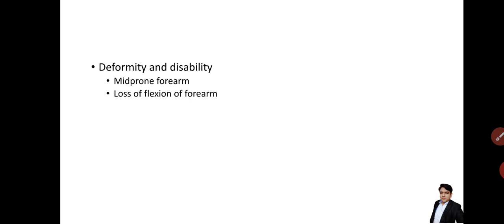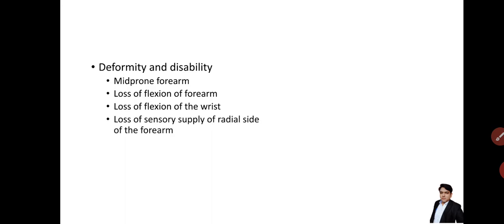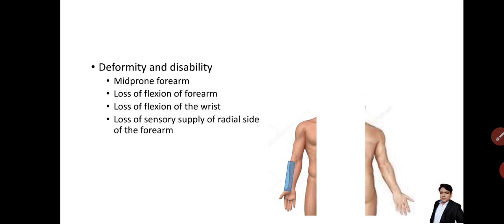The patient is unable to perform flexion of the forearm. Then loss of flexion at the wrist. Then loss of sensory supply of the radial side of the forearm. So here is the sensory loss, radial side. This is the posterior view. This is the sensory loss area.